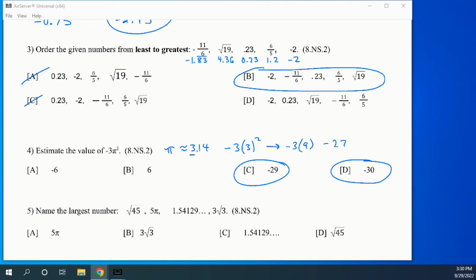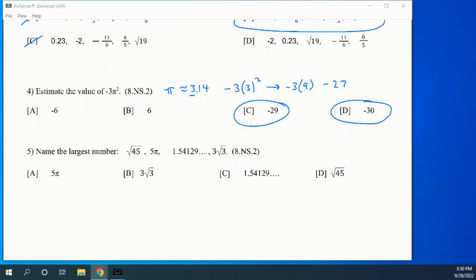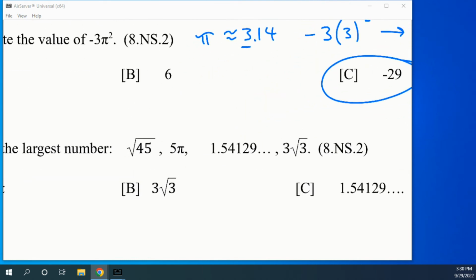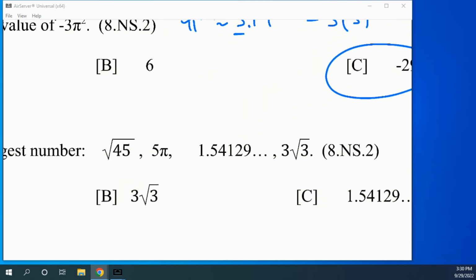Okay. Number 5, largest number. So I'm going to do similar to what I did on that ordering problem. Just get all of these numbers in decimal form first. So the square root of 45 is about 6.7. 5 pi is 15.7.